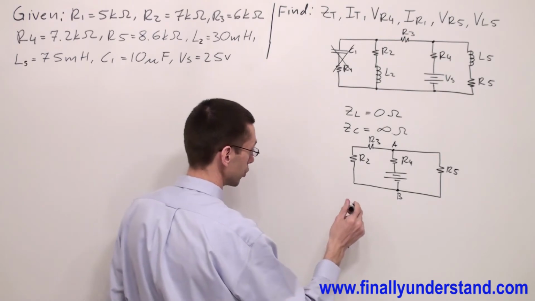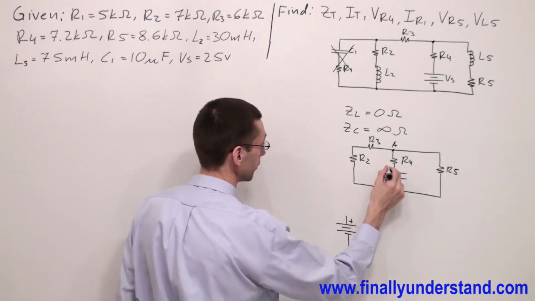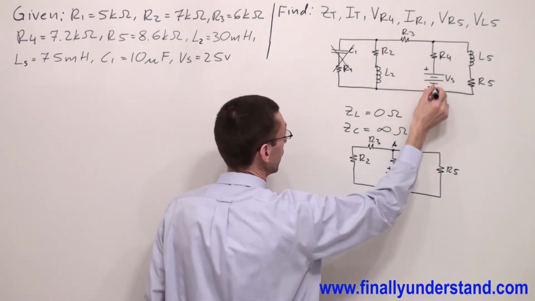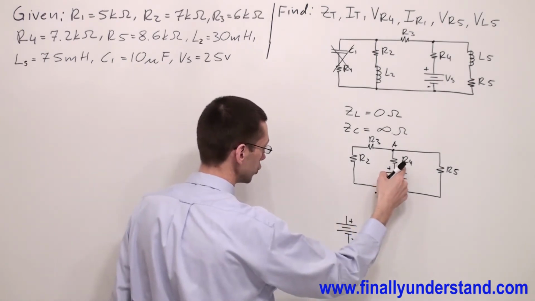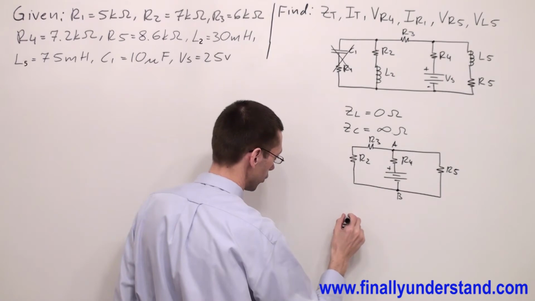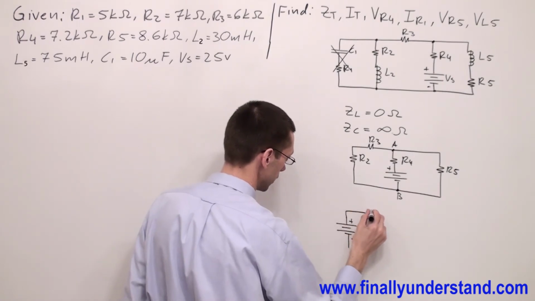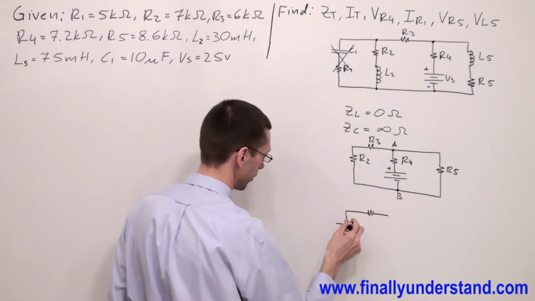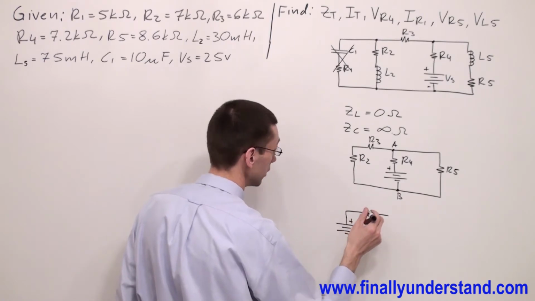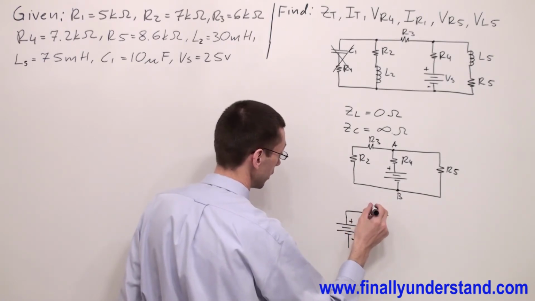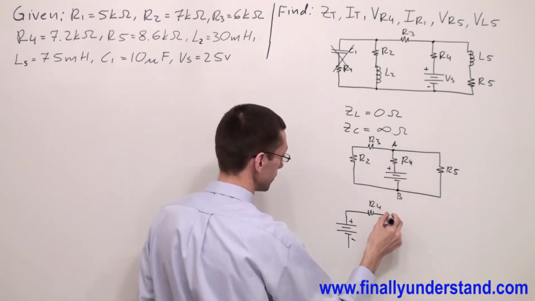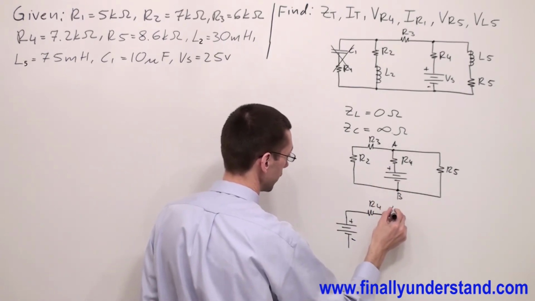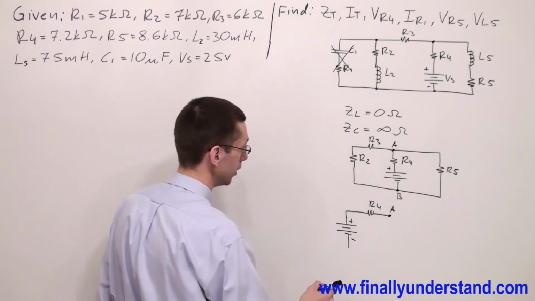The positive terminal of my DC power supply is connected to resistor R4. That's why I'm going to connect the DC positive terminal to R4. R4 is connected to point A. This is my point A.